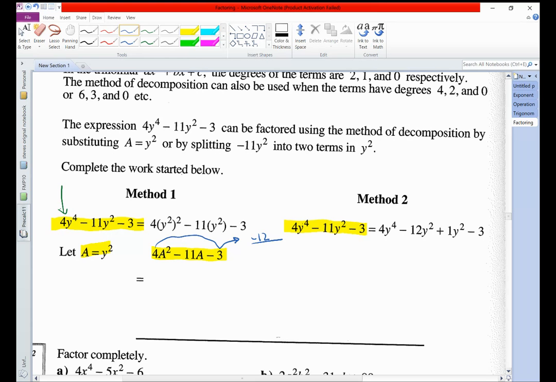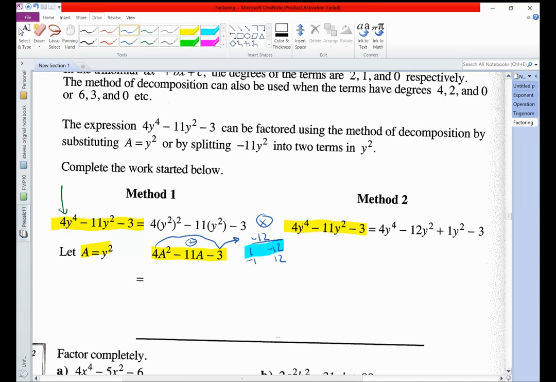And then I'm looking for two numbers that multiply to -12 and add to -11. So what we can do is go 1 times -12, -1 times 12. It looks like we already found it right in the top there, because 1 plus -12 is -11.